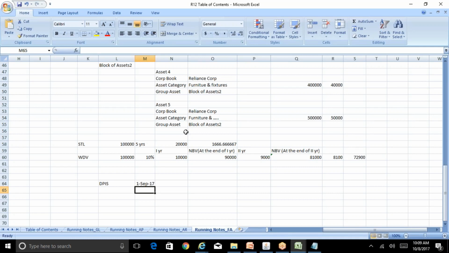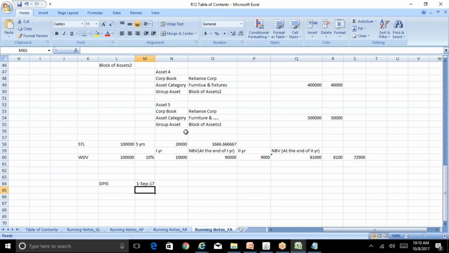As far as the calculation of depreciation is concerned, the system will always check what exactly is the date placed in service. It will not check on what date you created the asset in the system. It is a date which will be used by the system for the calculation of depreciation.